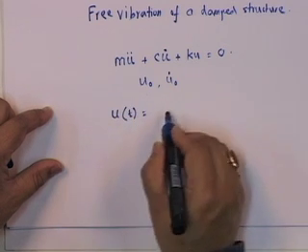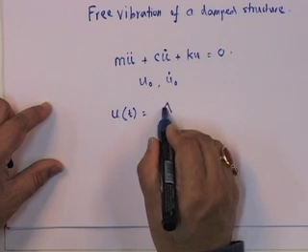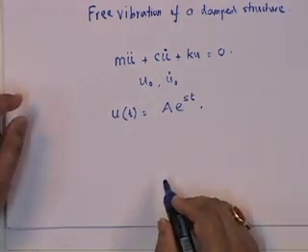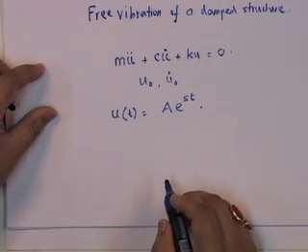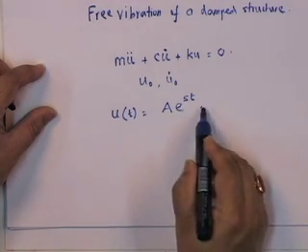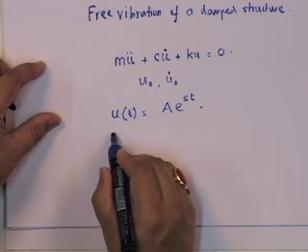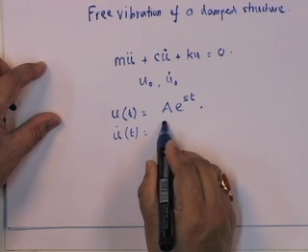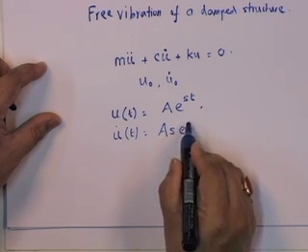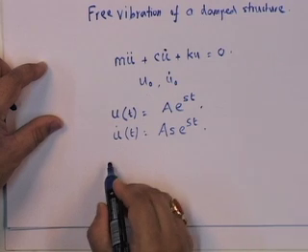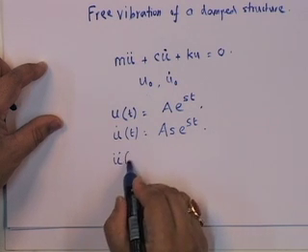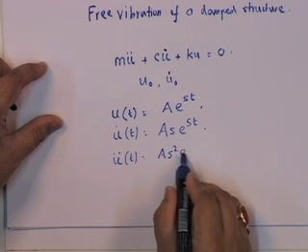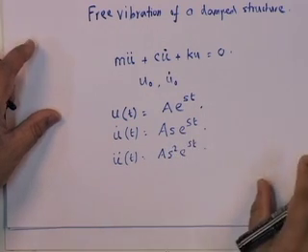u of t is equal to A e to the power of s t, right, amplitude into e to the power of s t, and so if we substitute this, where u dot is given as A s e to the power of s t, u double dot is given as A s squared e to the power of s t.